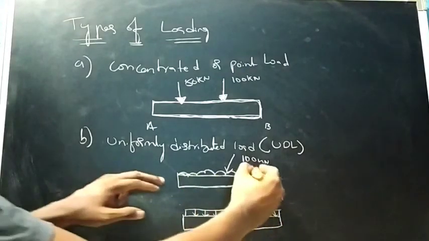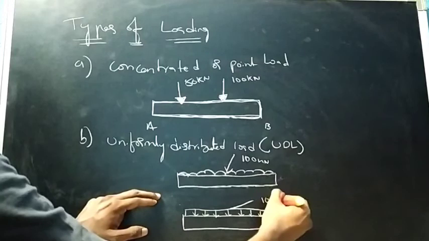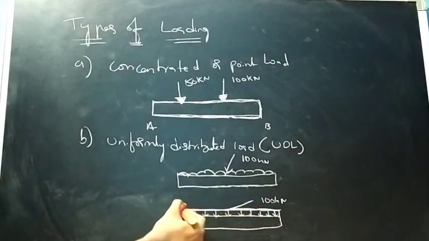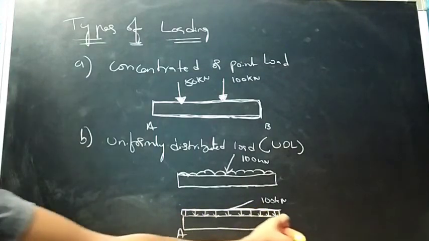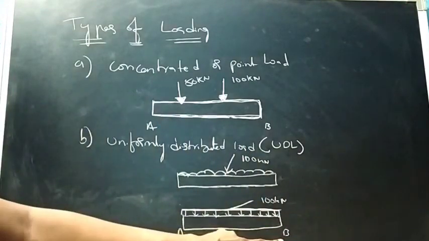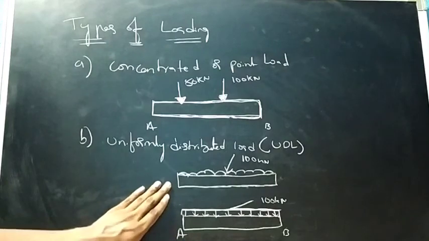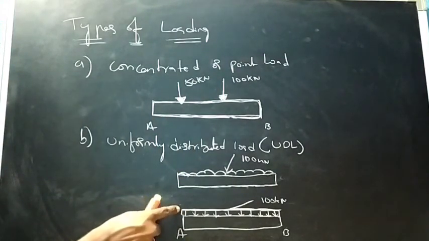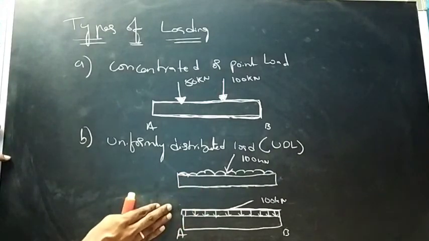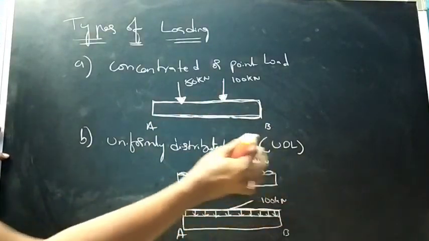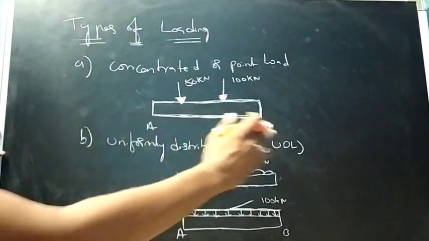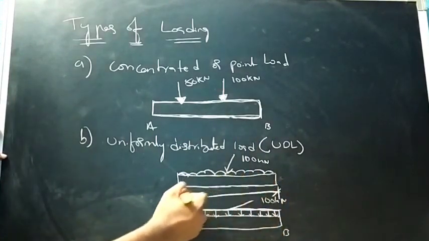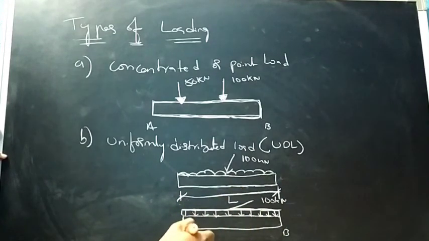Let's say this 100 kilonewton is distributing uniformly throughout the beam or throughout the span AB. So this kind of loading we call it as uniformly distributed load. So when external load is acting on a beam distributed over the total length, it is acting throughout the length L, right?